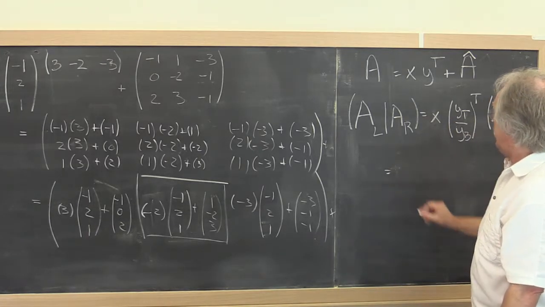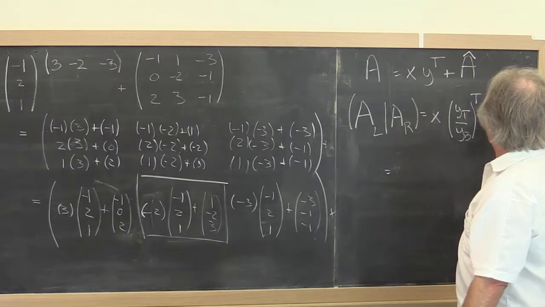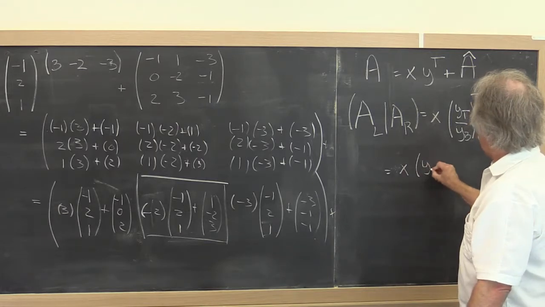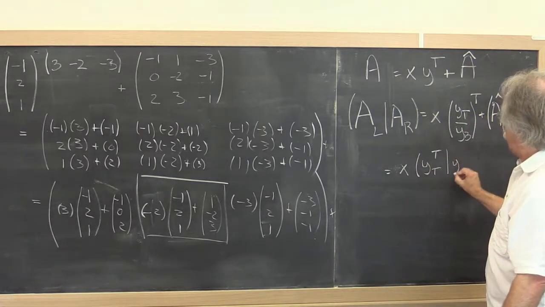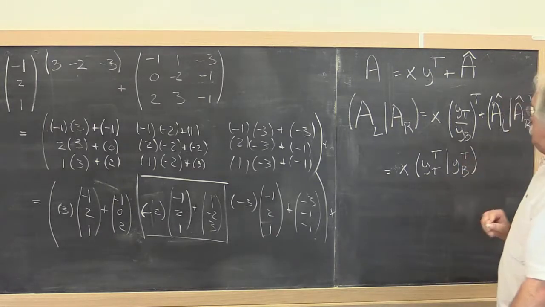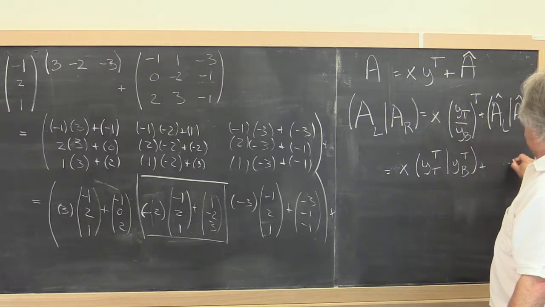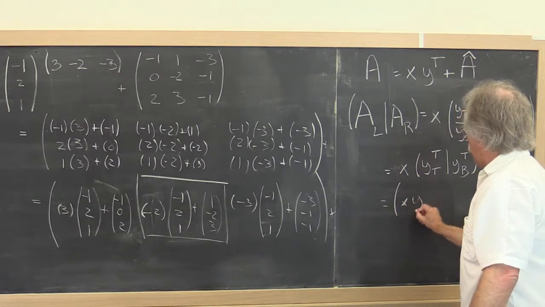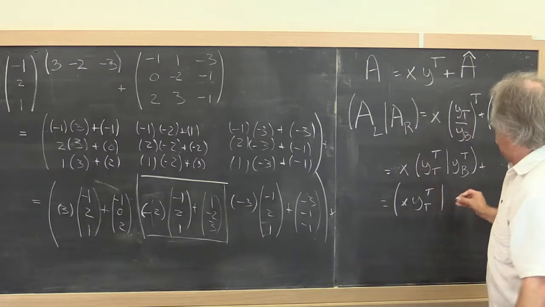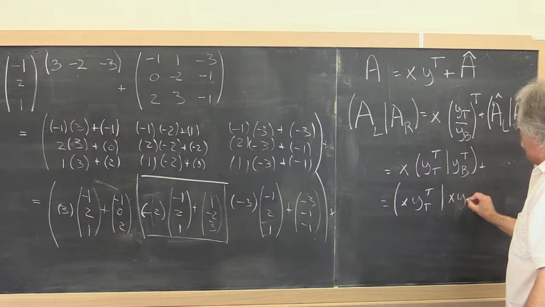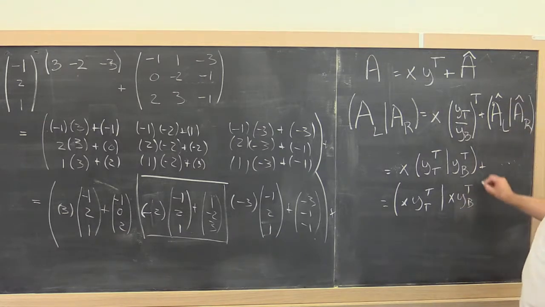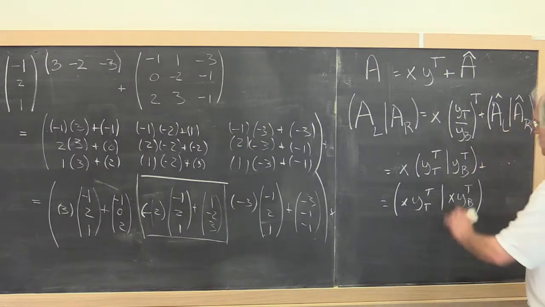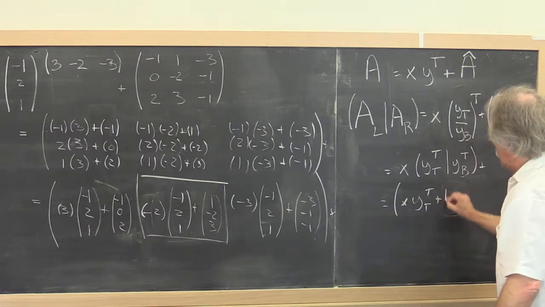And if you now multiply that out, you get x times y top transpose for the left part, x times y bottom transpose for the right part, plus this right here. And if you then add it to that, then you get this right here.